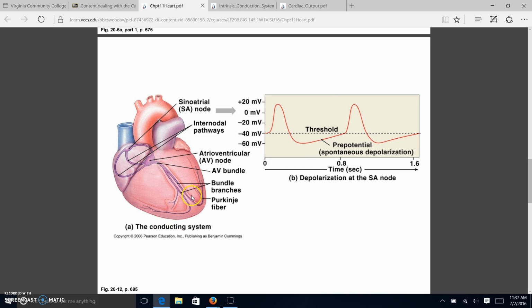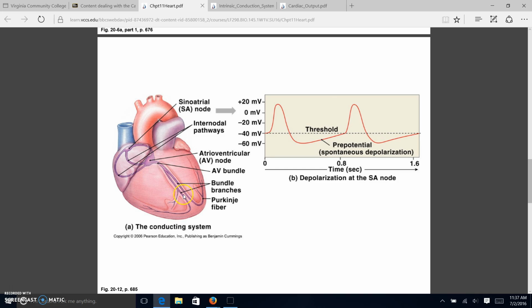I have a bundle branch that runs down the septum towards the left side of the heart. Notice also I have some offshoots off of that signal that, in this case, run through something called a moderator band to the base of some muscles called papillary muscles.